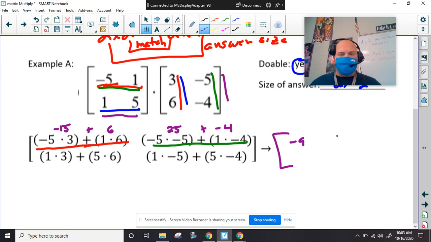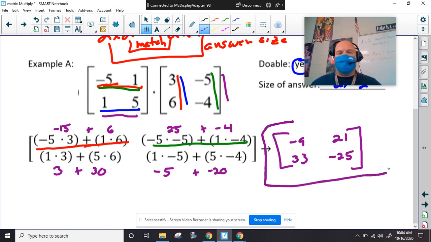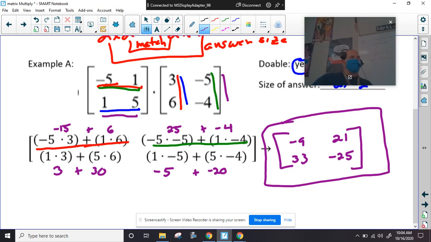So this is 21. This is 3 plus 30. This is 33. -5 plus -20. -25.